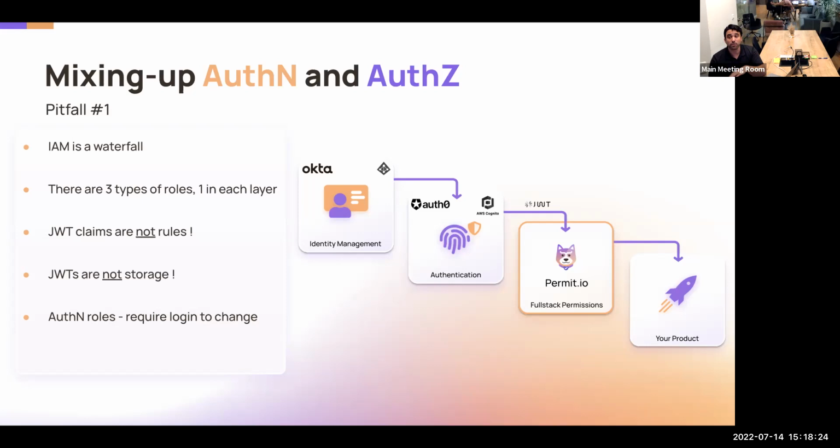You don't want anything about the logic, the rules, or the policy of the application to be in the JSON web token. So that was our first pitfall, mixing up authentication and authorization. It's really commonplace and can easily be avoided just by sticking to that clear line.